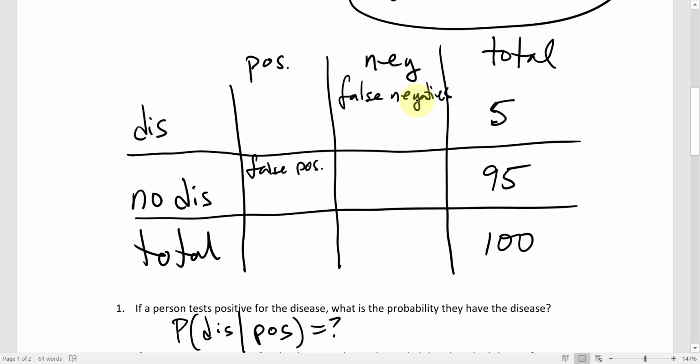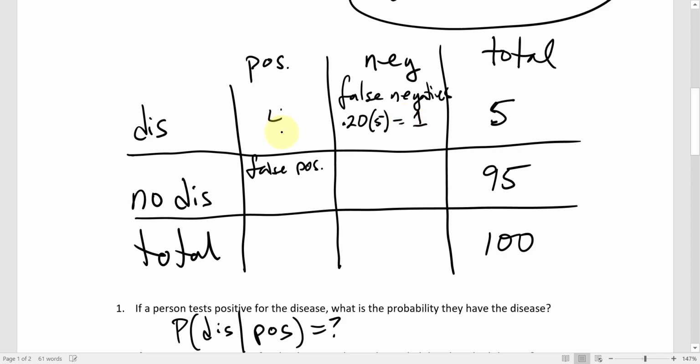So we had a false negative rate of 20%, a false positive rate of 20%. And so what you could do is say that if you have the disease, the chance that you test negative is 20%. So we're actually getting 20% of these 5 people. You can do that by just saying 0.20 times 5, and that's 1. And so obviously you have 5 people total, minus the 1 that actually got a false negative.